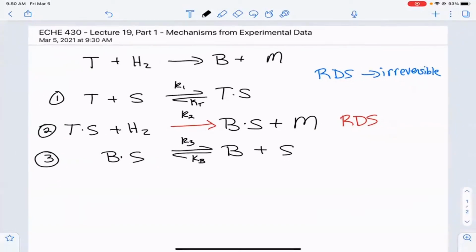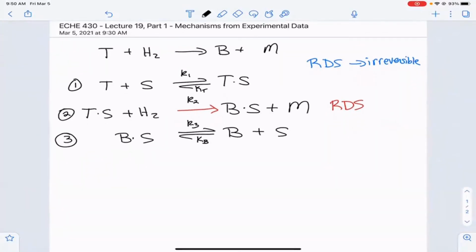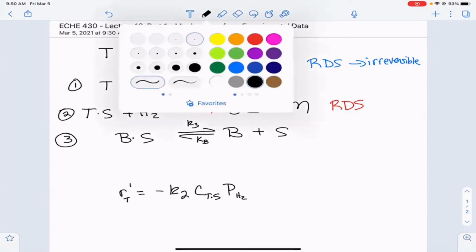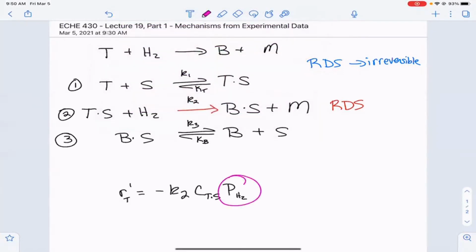And since the second step here is the rate determining step, we know that r_T is equal to minus k2 times the concentration of toluene on the surface times the pressure of hydrogen, right? And so if we look at this, obviously the pressure of hydrogen we can measure. And so we need to figure out how we can determine the concentration of toluene on the surface here.